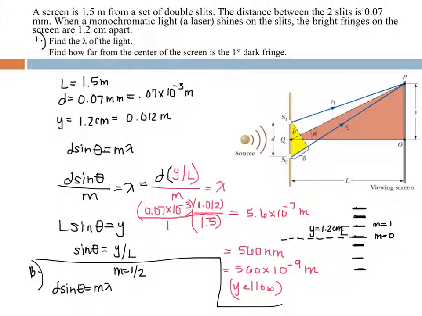It is simply being diffracted. So I'm going to substitute sine theta for y over L, and I want to get y by itself. So that gives me y is equal to m lambda L over d.